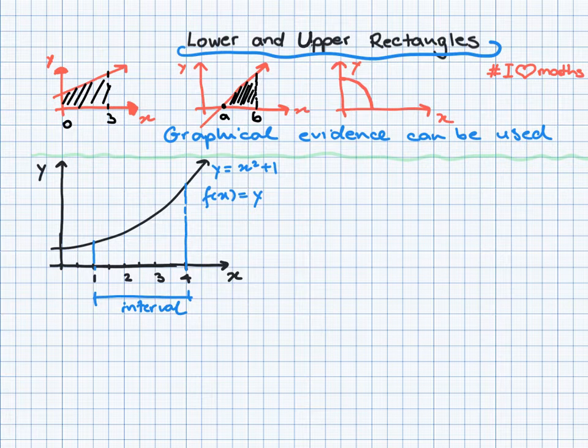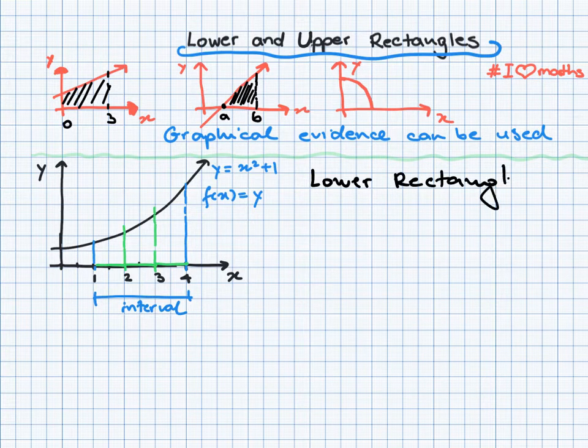Now we have 3 equal widths, and each of these is 1 unit. From 1 to 2 is 1, from 2 to 3 is 1, and from 3 to 4 is 1 as well. Now let's have a look at what's going to happen with the lower rectangles.